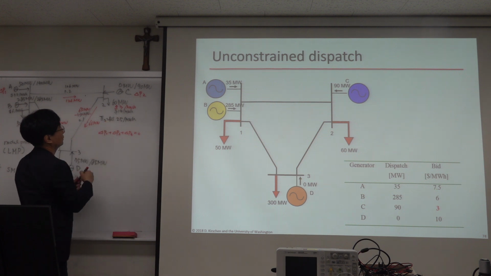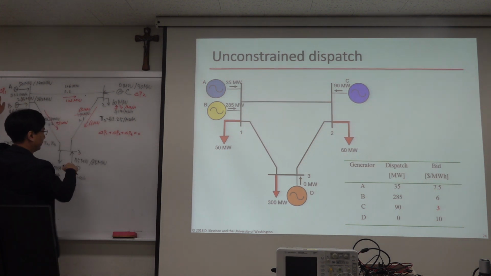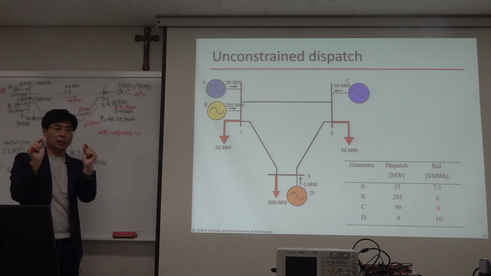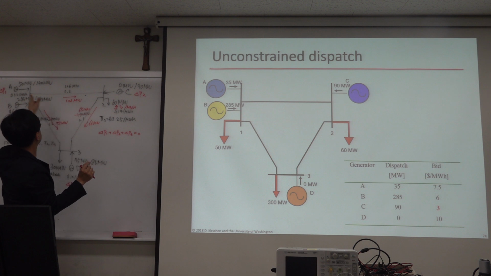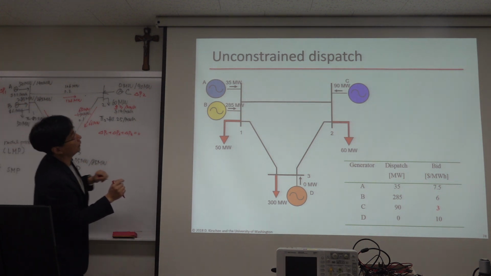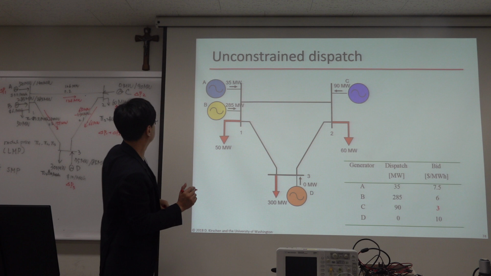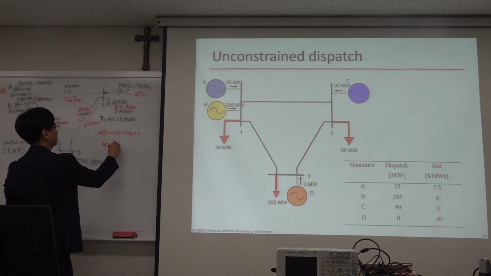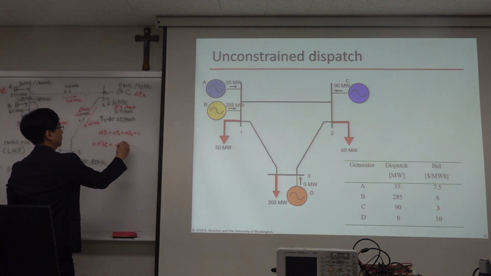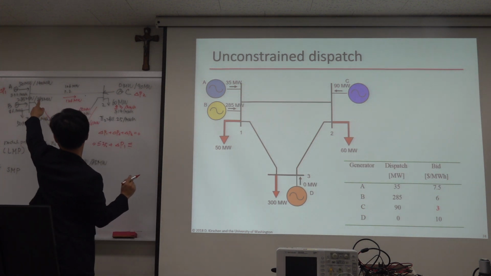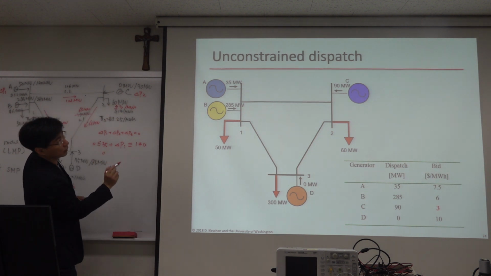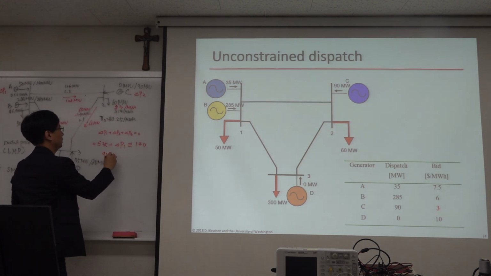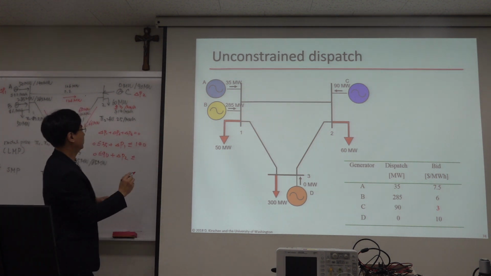And actually, here, here, there, you also need to have the generator's constraint: minimum generation and maximum generation, right? So here, currently, it's 35. So 35 plus delta P1 should be greater than or equal to 0, and the maximum capacity is 140. And here, currently 90. 90 plus delta P2, the maximum is 90.